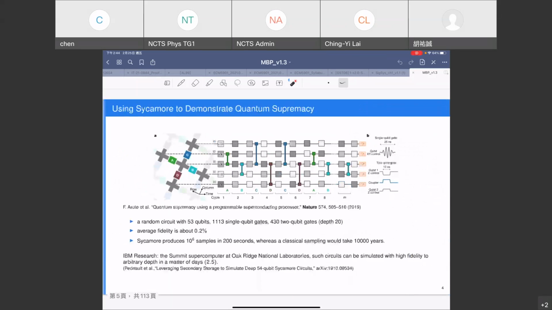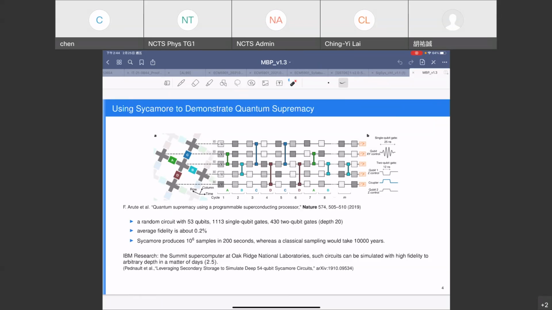Anyway, there's another story. When Google claimed their results, using this quantum chip they could produce 10 to the 6, a million samples, in 200 seconds. Classically, they said if you want to do this sampling, you need like 10,000 years using IBM's supercomputer.